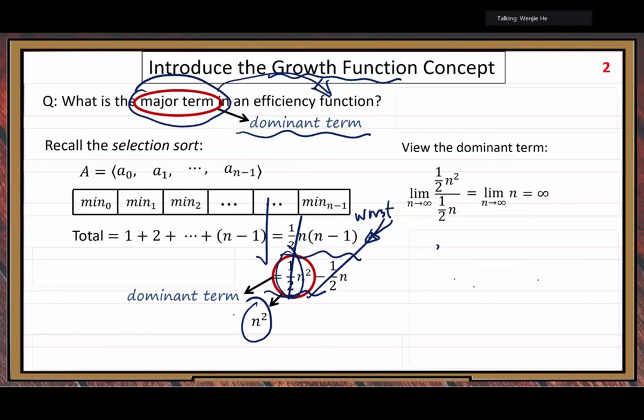N squared, this function, we use it to form one category. That 1/2 leading coefficient, 1/2 times n squared, although 1/2 n squared is different from n squared, can we put 1/2 n squared in the same category as n squared? Same category. Yeah.